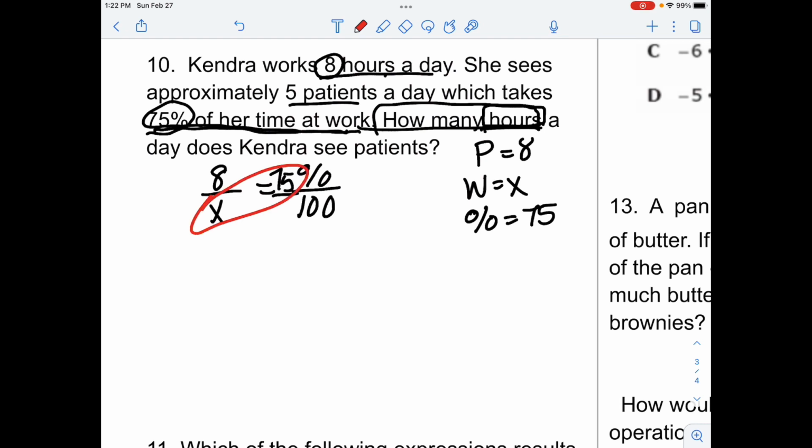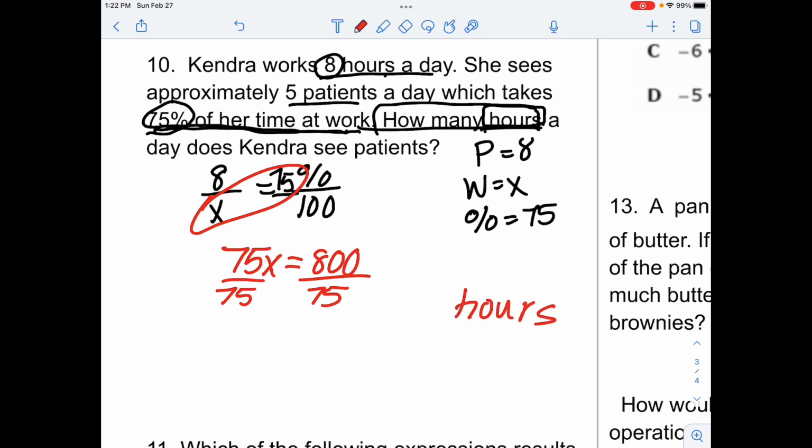So right now we have 75x equals 800, and I'm going to be dividing by 75 because I need to isolate the variable. I'm going to let you do that, go to the tenths place, and you will have that many hours. Alright, good job, Rams, and I'll let you answer that in the Edpuzzle.